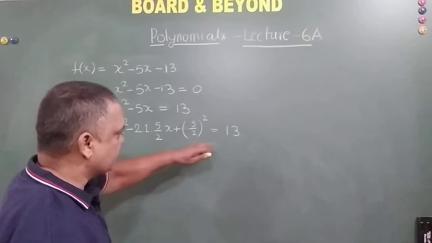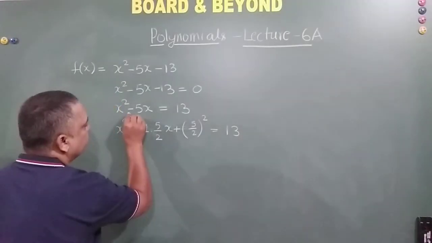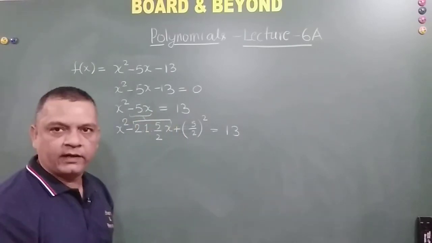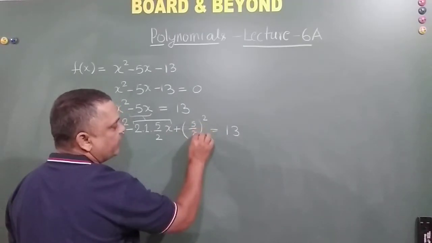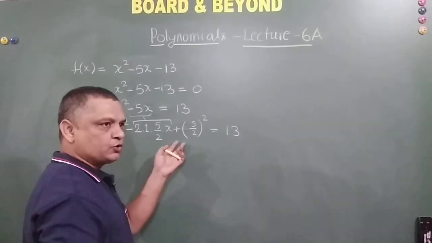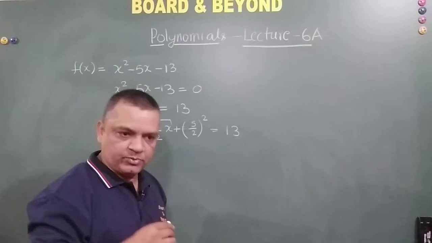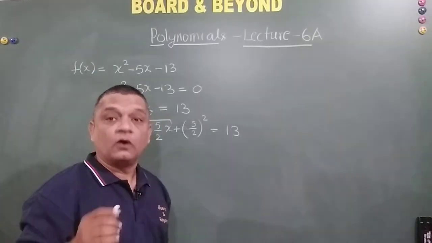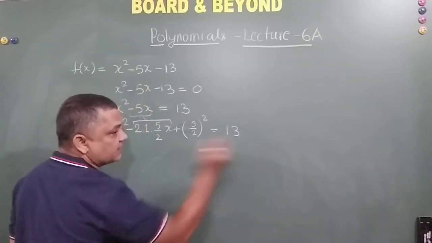One second, it is not completed, because what I have done is that this term is equal to this term. We have manipulated it. Now we have added 5 by 2 whole square on the LHS of the equation. So for the equation to remain as before, so that the equation is not altered, I need to add this term on the RHS as well.